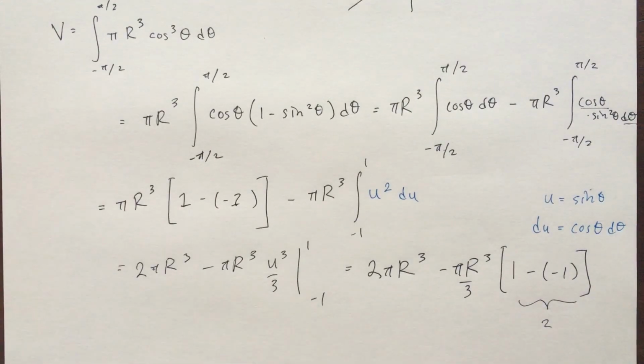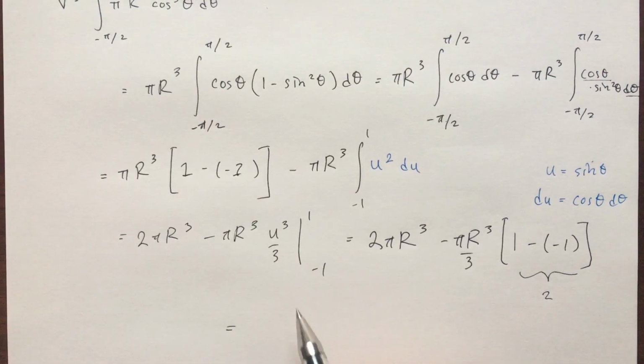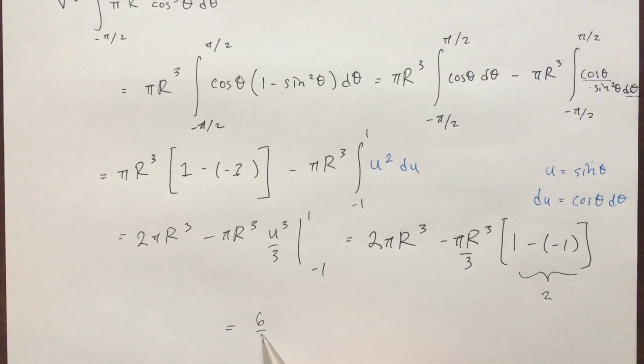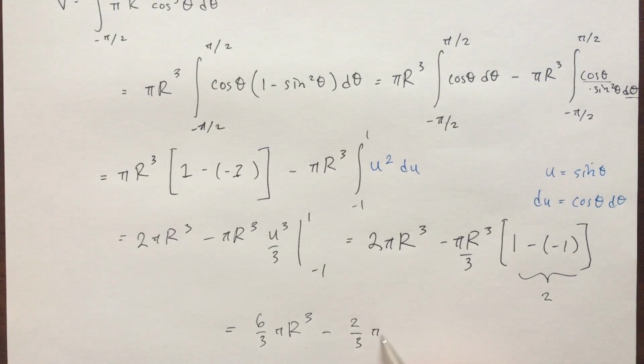Now all we need to do is simplify. So that tells us that this is the same as 6 over 3 pi r cubed minus, this is a 2, so we have 2 over 3 pi r cubed. And that gives us 4/3 pi r cubed.